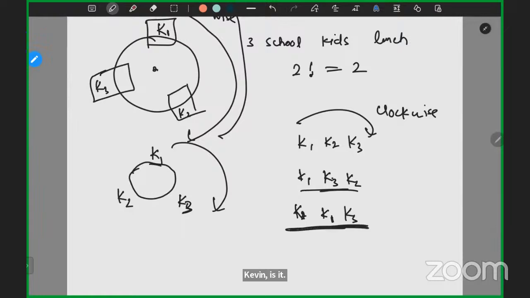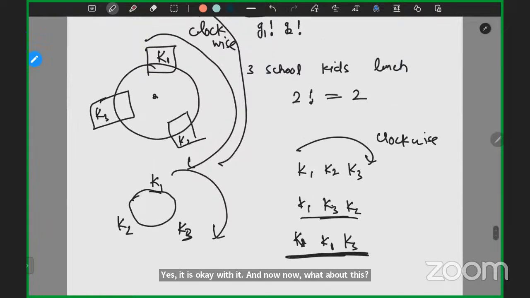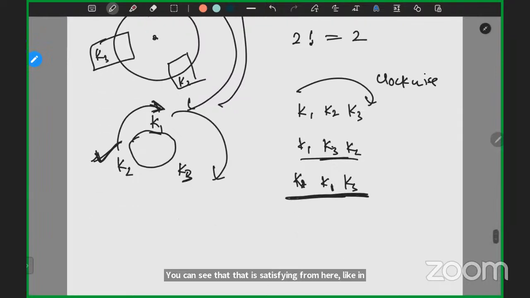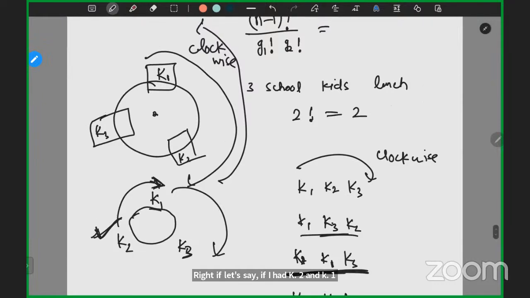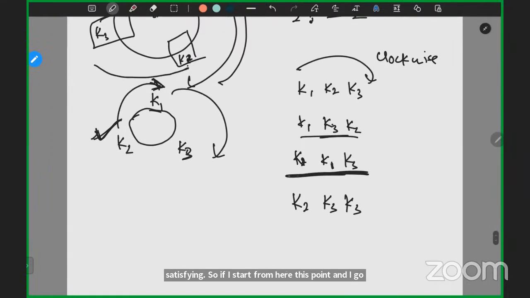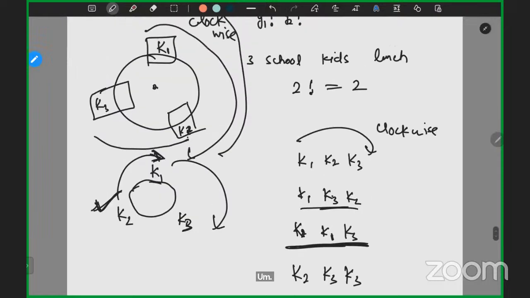Now what about K2, K1, K3? If I start from K2 and go clockwise, K2, K3, K1 comes up. So it's not different, right?